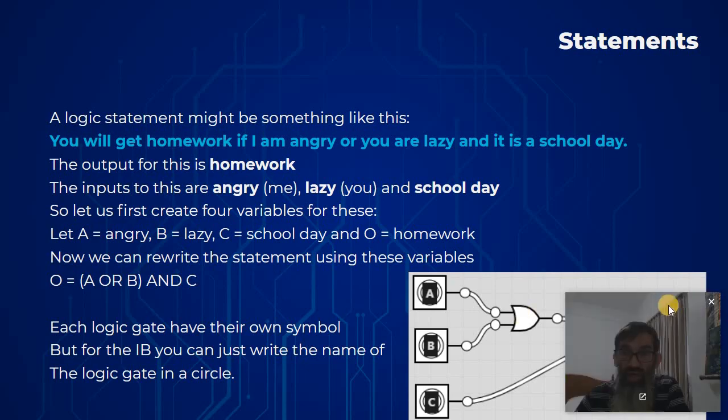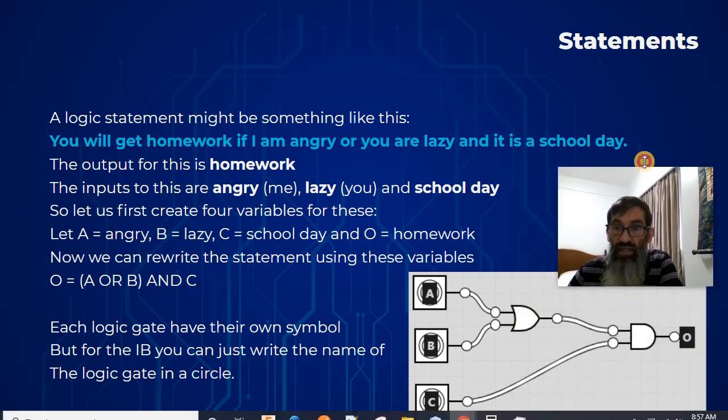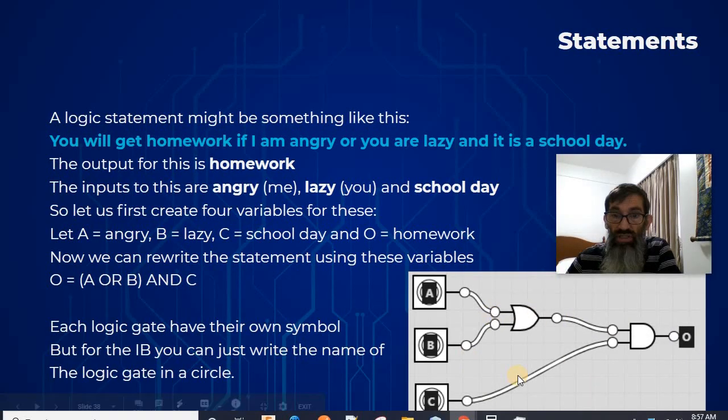I can now write this down as a logic diagram. This is the logic symbol for OR. This is the one for AND. I think I said before, in the IB, you can just draw a circle and put the word OR inside it, and here a circle and just put AND inside it.